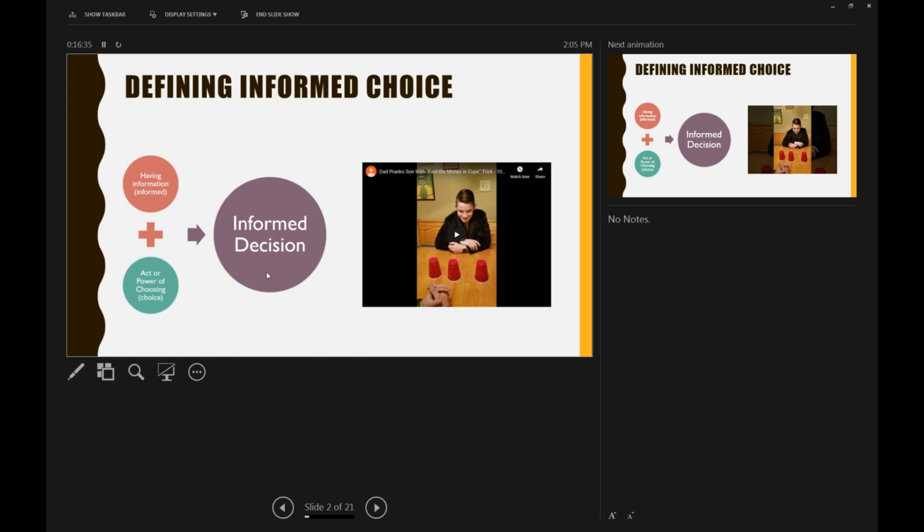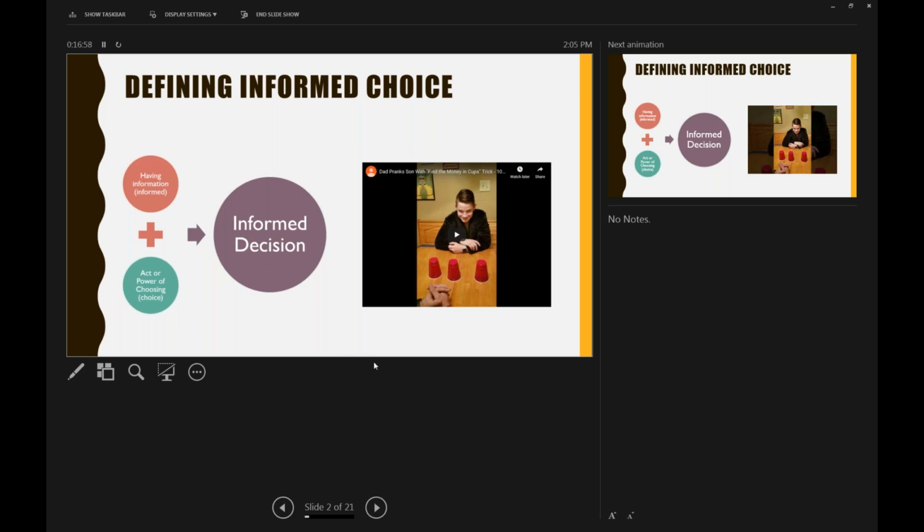Okay, so first let's talk about defining informed choice. This is something that's common sense, right? When someone is informed, that means they have information. And a choice is the act or power of choosing. When you add those two together, you have an informed decision.